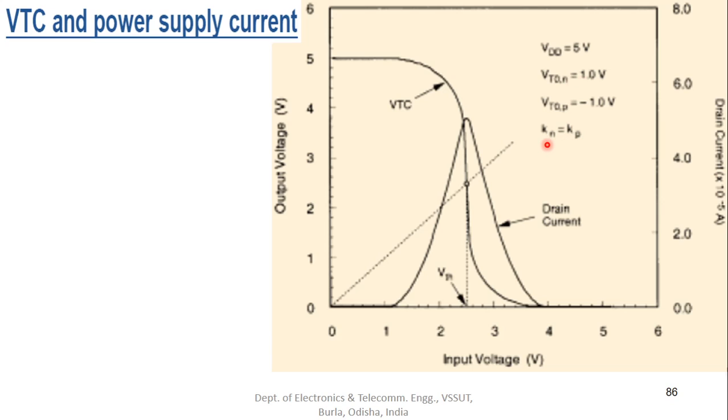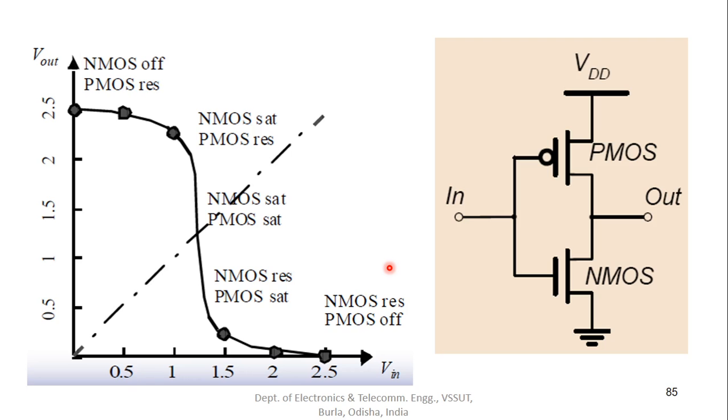Now one interesting parameter here is the mapping of the drain current on this VTC characteristic. When we go back to the VTC curve, we see that at this point one device is off, the other device is in resistive or linear region.